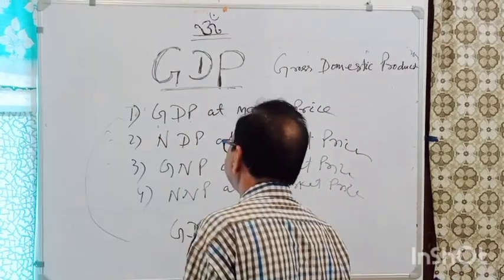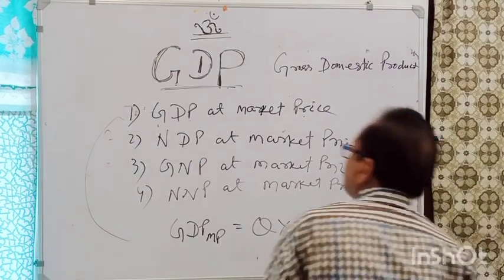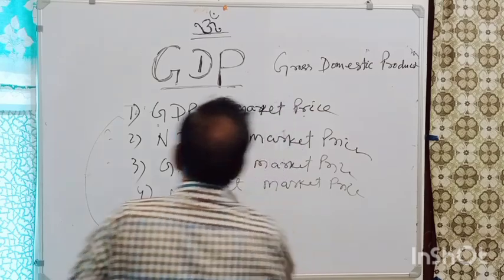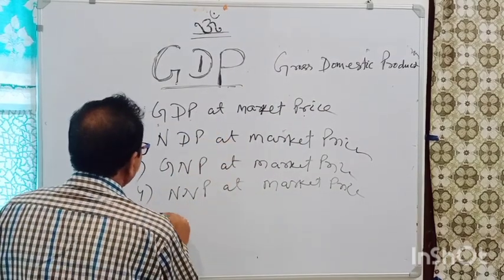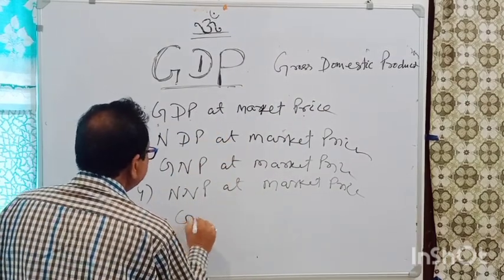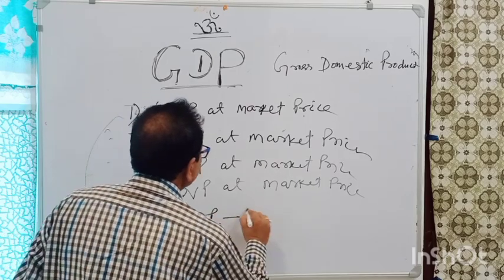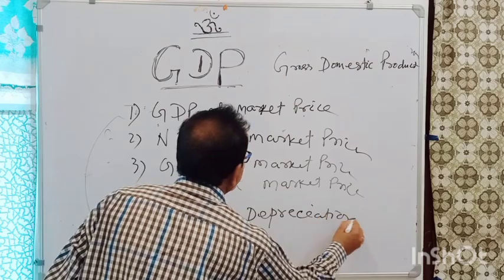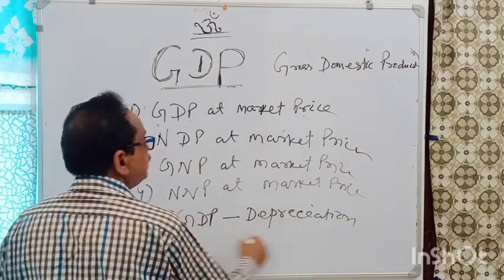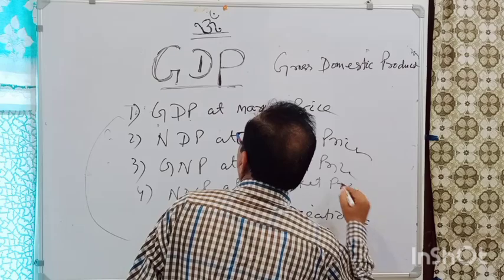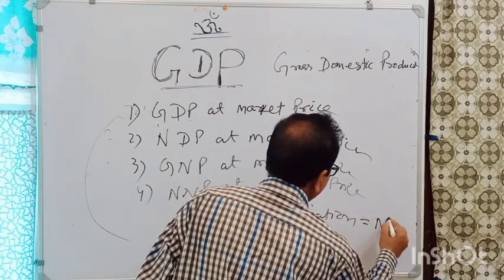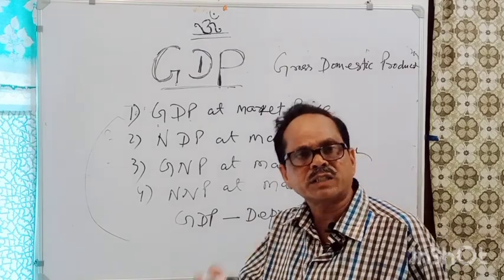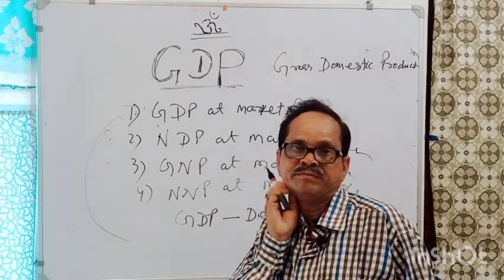Next, NDP at market price. When we deduct depreciation from GDP, GDP minus depreciation, it is called NDP. Depreciation means the repair cost of the capital assets.